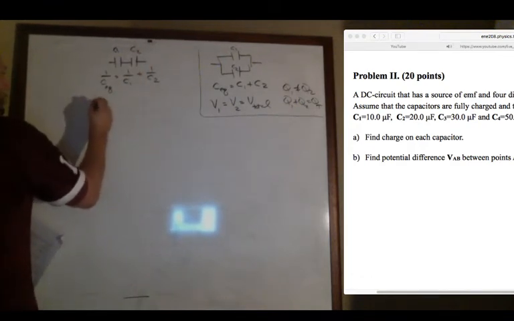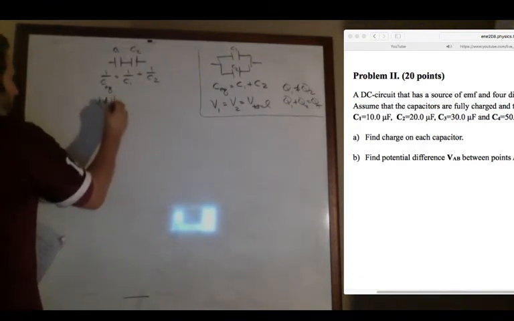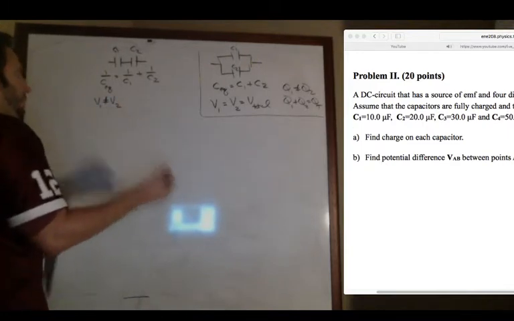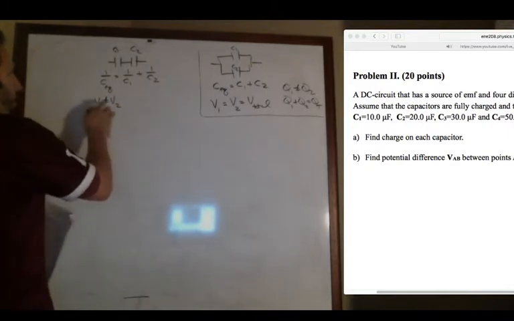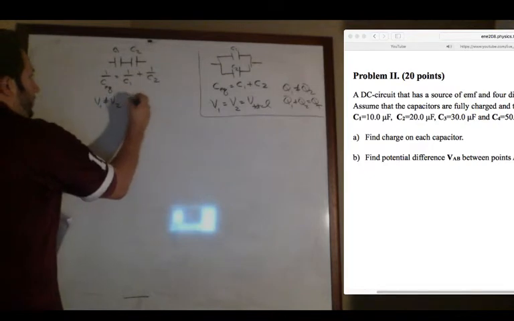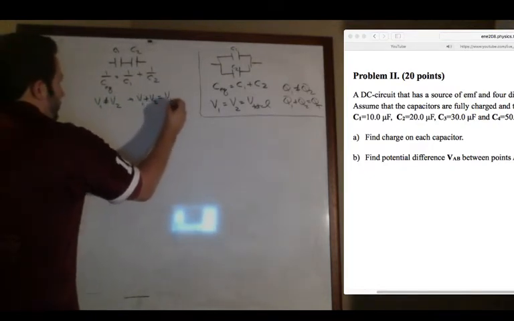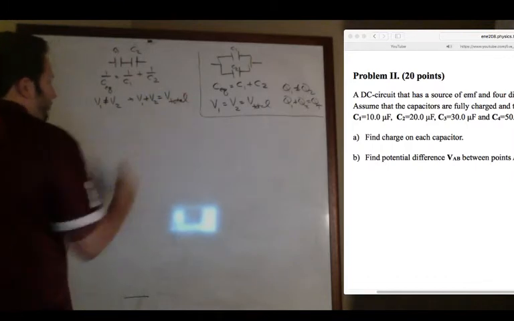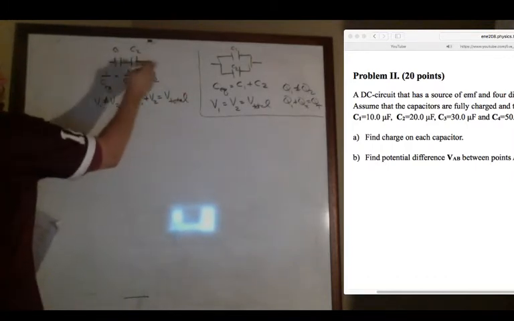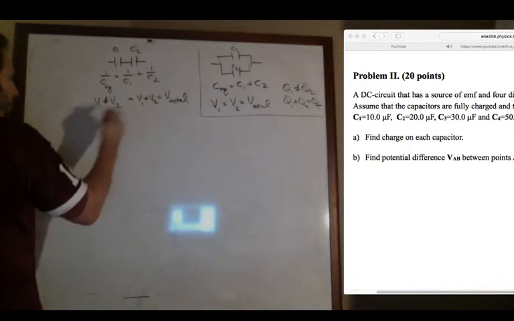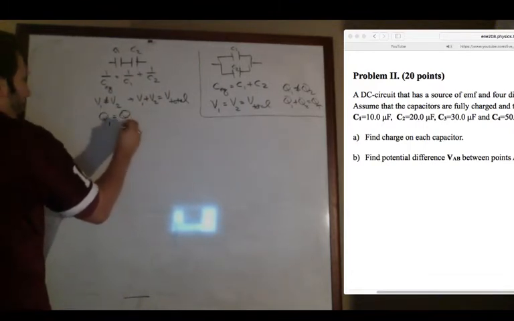And so V1 most definitely does not equal V2. It can if the capacitances are the same, but if they're not, they don't. And so what's going to happen is that the sum of V1 plus V2 is equal to V total. And then finally, across in series, your charge will in fact be the same. Q1 will equal Q2.